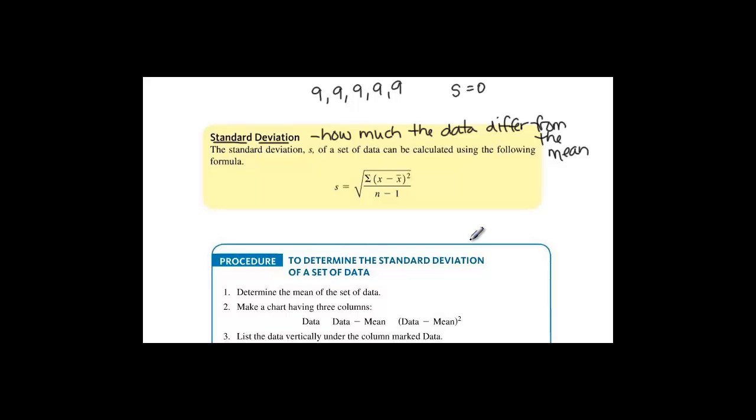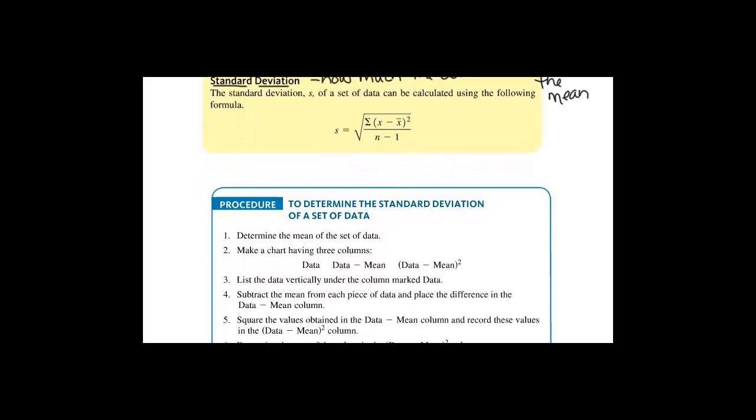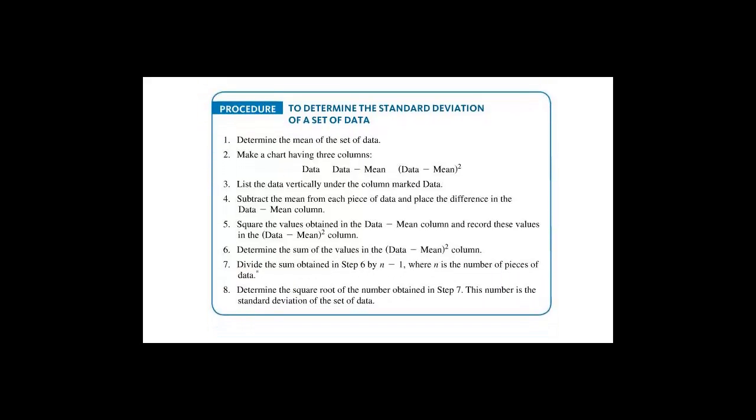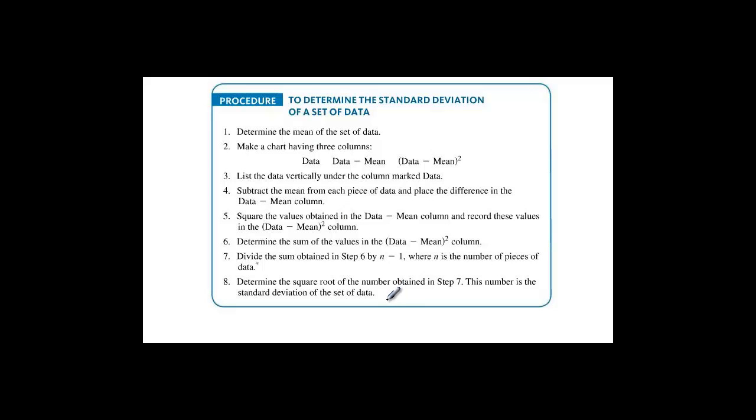Okay? And to help us a little bit further with that formula, in your textbook, or also listed here, we've got a list of steps in calculating it. So we have: determine the mean of the set of data, then make a chart that has 3 different columns: data, data minus mean, and data minus mean squared.